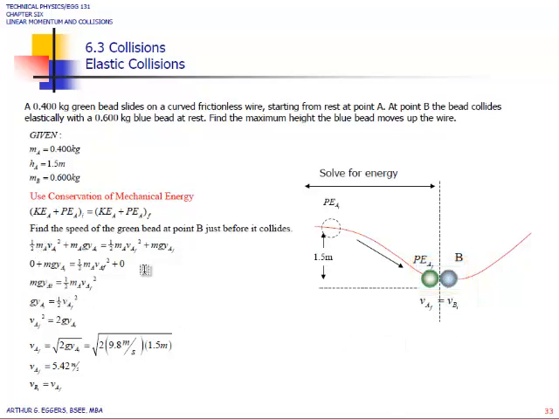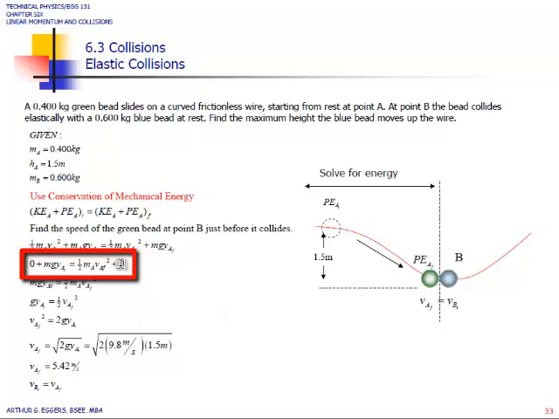So if we write our relationships for kinetic energy and potential energy, we see 1/2 mv squared initial, mgh, in this case mgy A initial, is equal to 1/2 mv squared on the other side, mgy A on the other side. As we do with all of these problems, we look for the terms that go to 0, because maybe they had an initial velocity of 0, and that is the case with the kinetic energy. So that goes to 0.